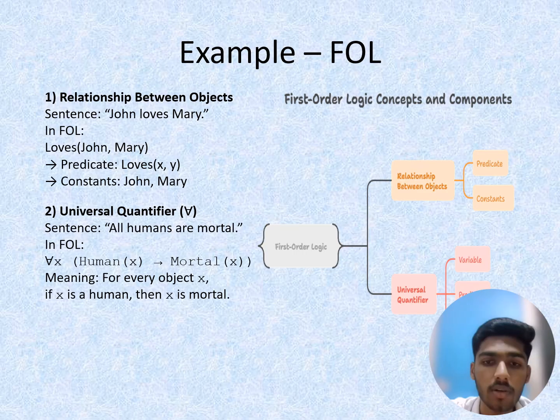X is our variable standing for any object. So this sentence reads: for every object x, if x is a human, then x is mortal. With this one single line, we have captured a rule that applies to billions of people. This is something propositional logic could never do.